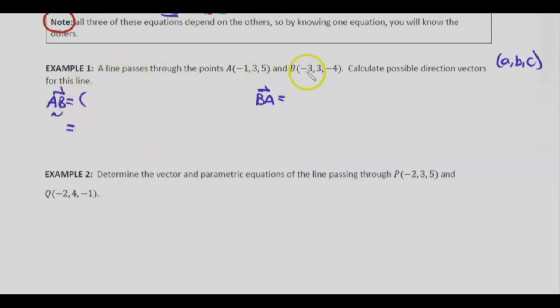So -3 minus -1, comma, 3 minus 3, comma, -4 minus 5. Okay, so -3 minus -1 is just -2, 3 minus 3 is 0, and then -4 minus 5 is going to be -9.